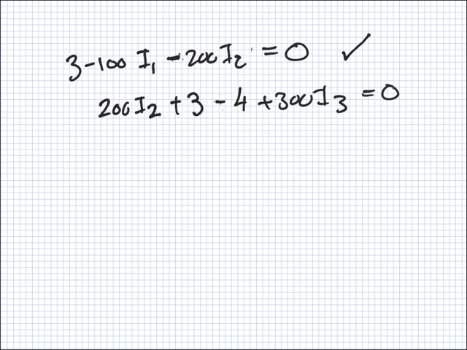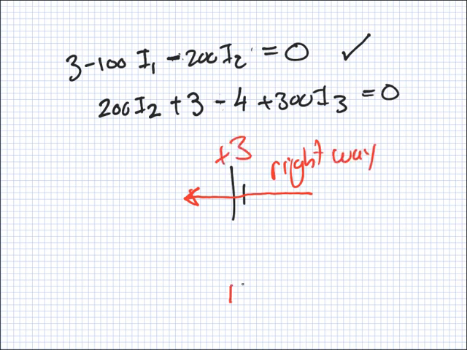Yeah? Go on, what are you thinking? Oh, I don't know why it's minus 3 plus 4. Yeah, the plus 3 here is because you're moving in the battery, you're moving in the cell the right way, so you gain 3. Whereas in the one at the bottom, you're pushing in the wrong... oh, I'm very sorry.